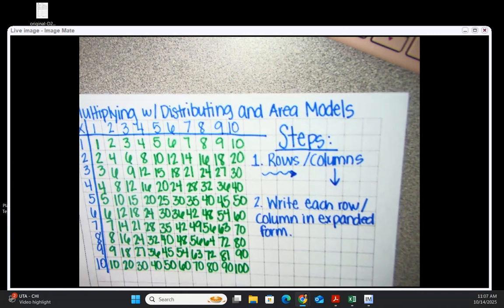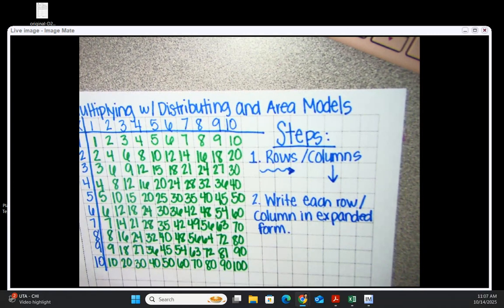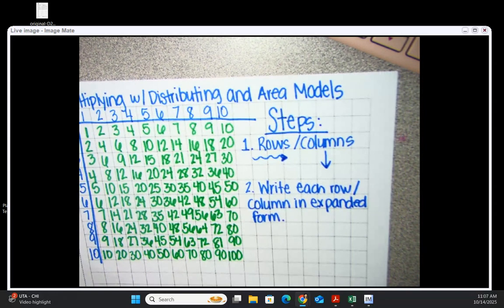Write each row and column in expanded form. Remember, when we write something in expanded form, it means we stretch it out. We're going to show the value of each digit. So step number 2 is that we write each row and column in expanded form.